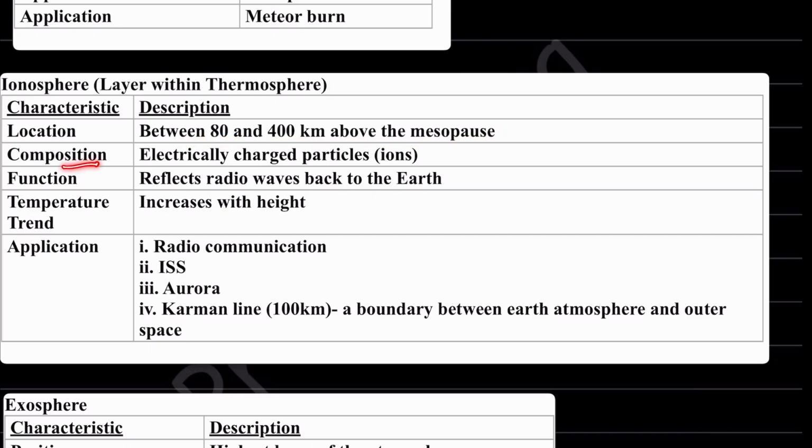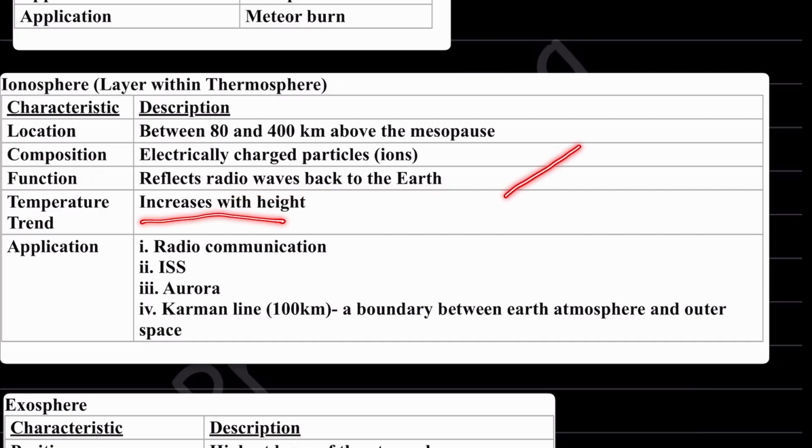Composition: electrically charged ions, because particles in ionosphere interact with UV and UV breaks these particles, and hence free ions are accumulated in thermosphere, which is known as ionosphere. Function: reflect radio waves back to earth, increasing temperature as we go up.